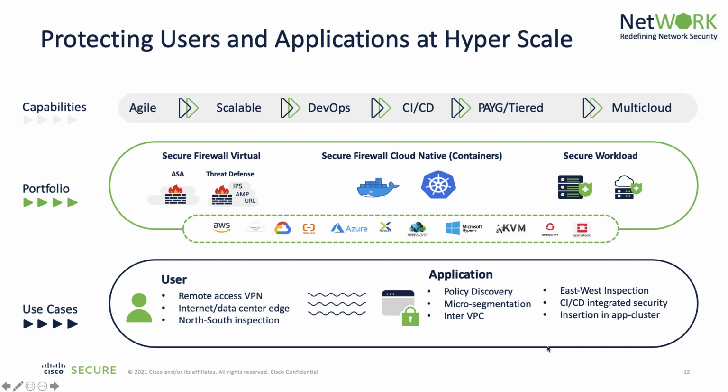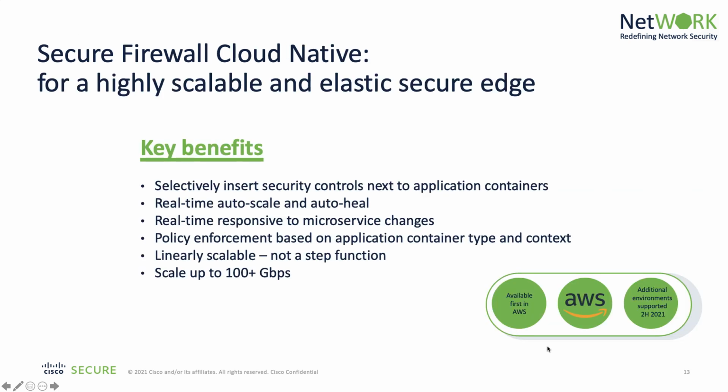With Secure Firewall CloudNative, you can surgically insert security controls next to the application containers in a cloud-native application and microservice architecture. The container form factor matches the workload format and allows easy insertion into cloud-native environments without complex hairpinning, which you see oftentimes with VMs.